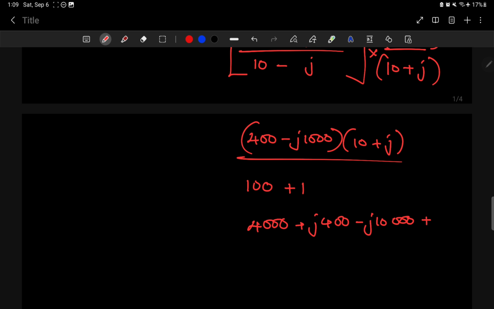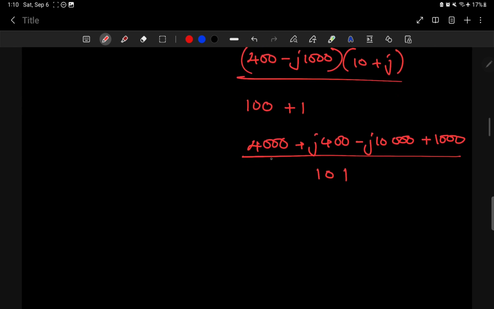When the j and j give us negative 1, it will be positive 1,000. When you simplify that numerator, 4,000 and 1,000 give us 5,000. And then this will be minus, so we have 10,000 minus 400, giving us negative j9600, over 101.